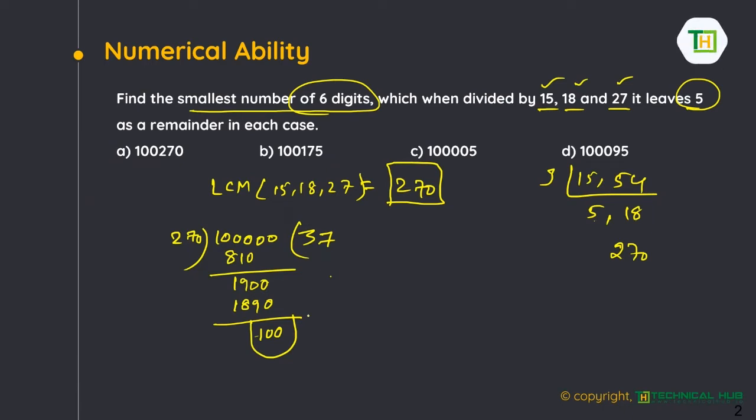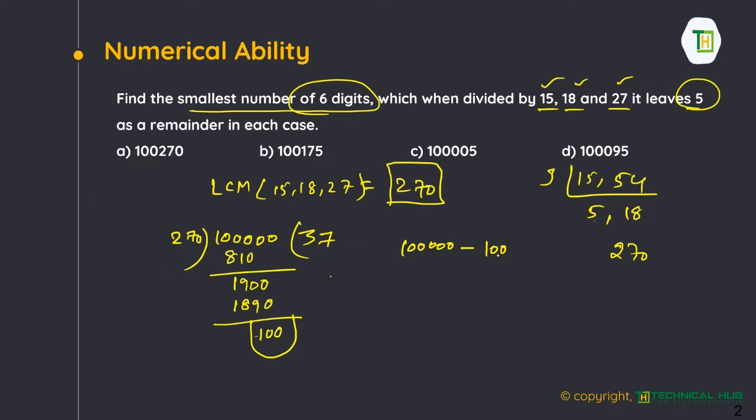Now, if you observe carefully, if you subtract 100 from this 1 lakh, that number is divisible by 270, which is nothing but divisible by 15, 18 and 27, all three numbers.